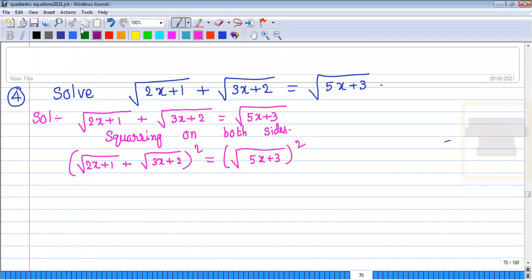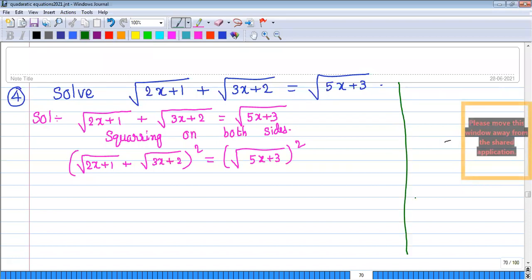See, the left hand side is in the form of root a plus root b whole square. Root a plus root b whole square is root a square, which is a, plus root b square, which is b, plus 2 root ab.